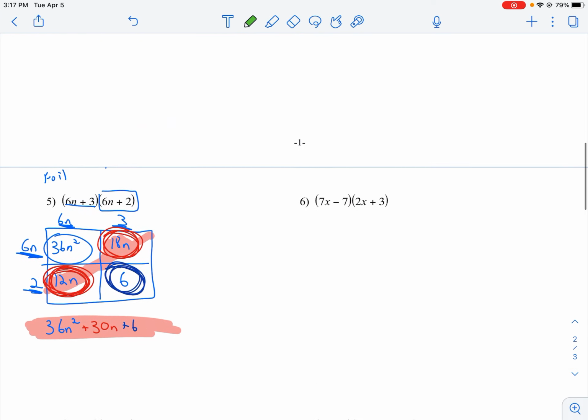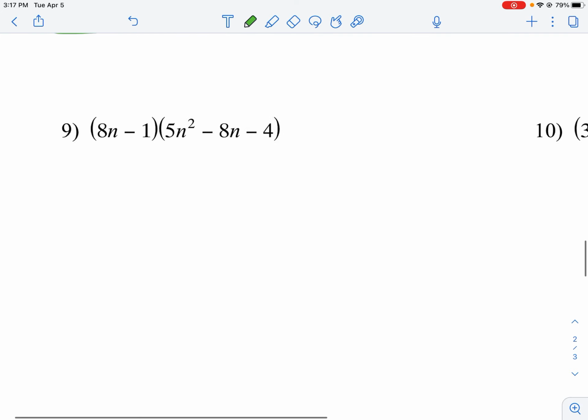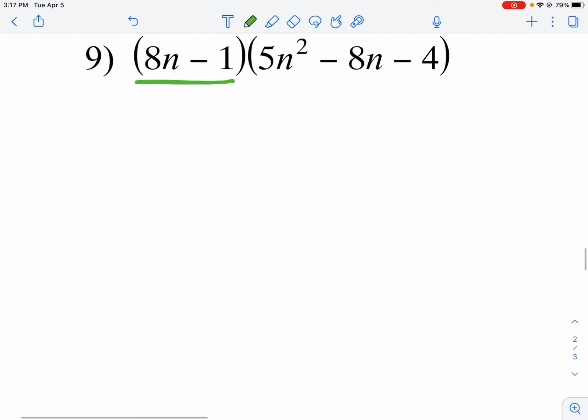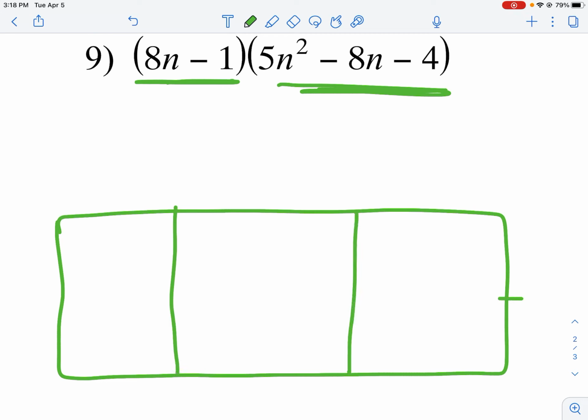Okay. We have one final example that I will do, and the only difference in this one is you have a binomial being multiplied by a trinomial. No big deal. You just need to make more of a, I guess, rectangle in this case than you do a square.